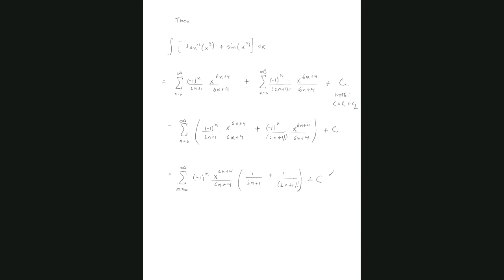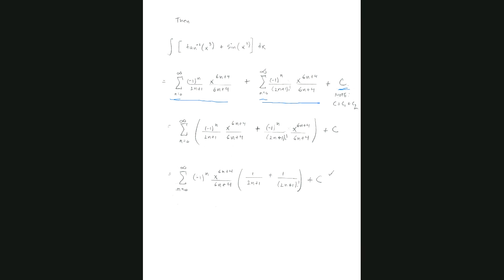I just rewrote what was on the previous page, but now I have a plus C because I combined C1 and C2. And now at this stage, the sum of these two power series I could write as one power series because they both start at the same index. If the first series started at n equals 0 and the second series started at n equals 1, you couldn't just combine the power series.